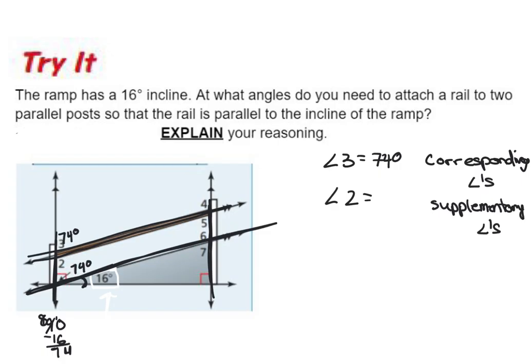Because to find angle 2, we take 180 and we take away 74. So 180 minus 74 is 106.